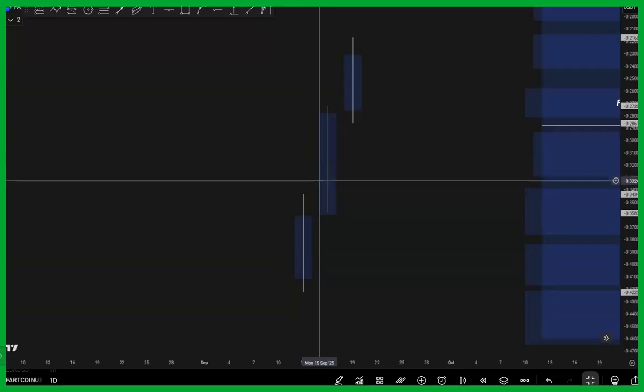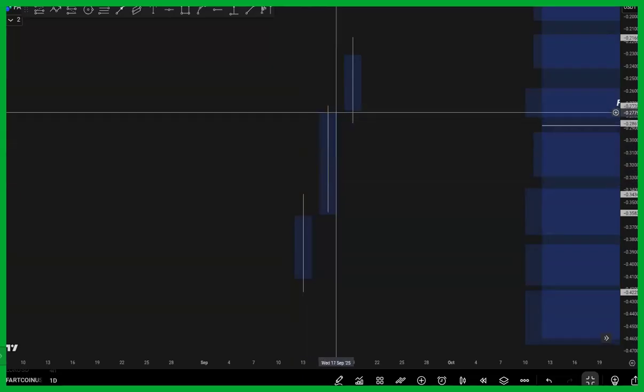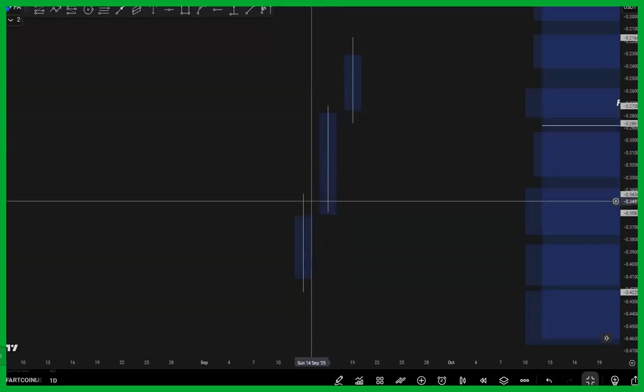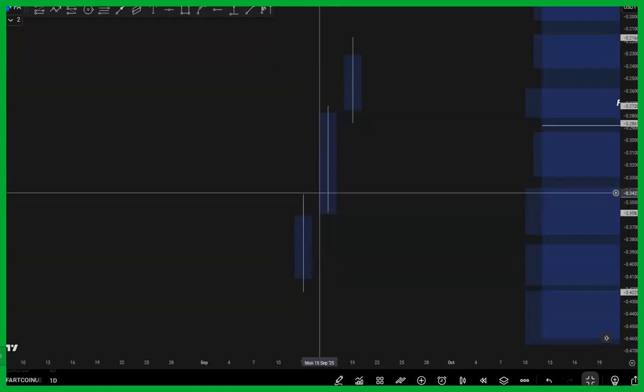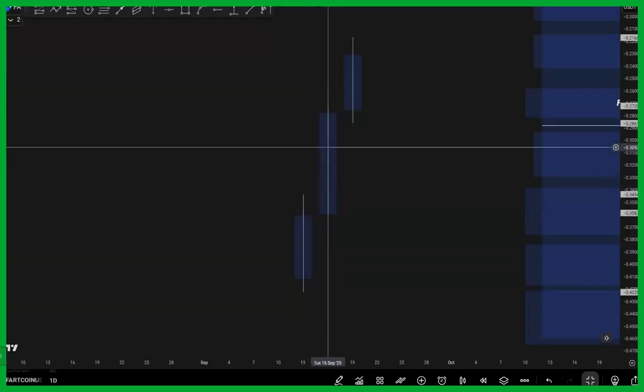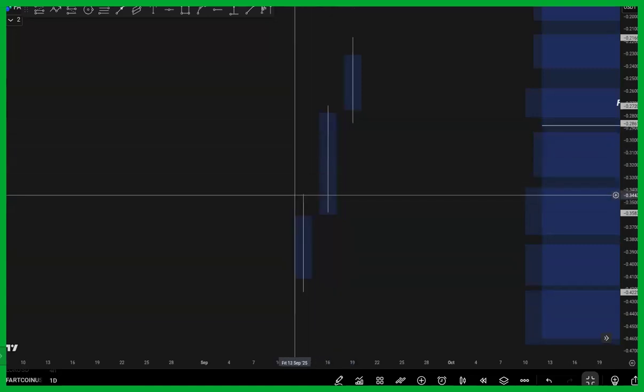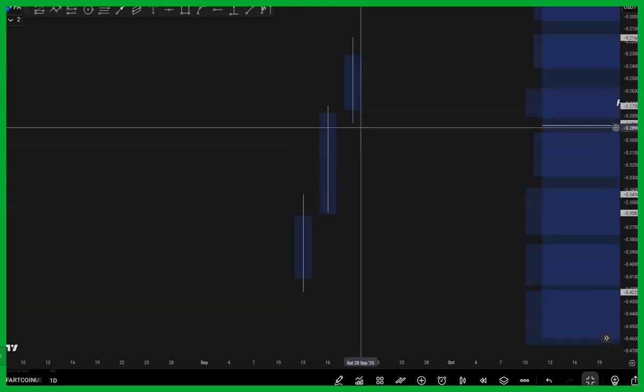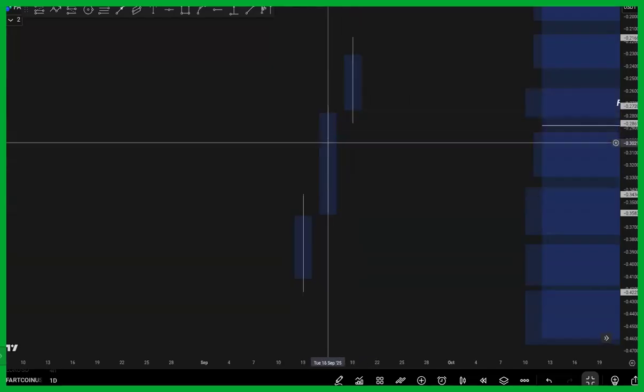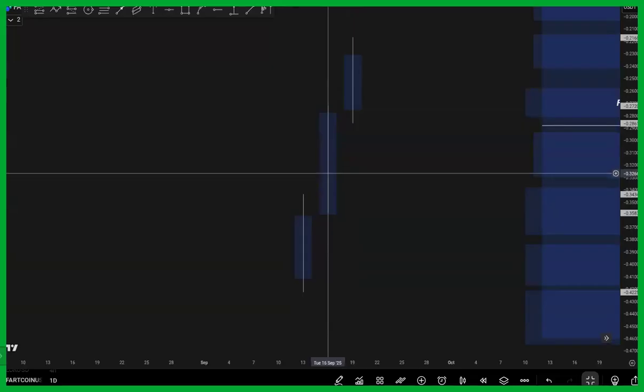Now, the second candle is the most important thing. You want to make sure that the first candle and the third candle do not overlap. There's still a space in between the first candle high and the third candle low on the body of the second candle. I will say it again.